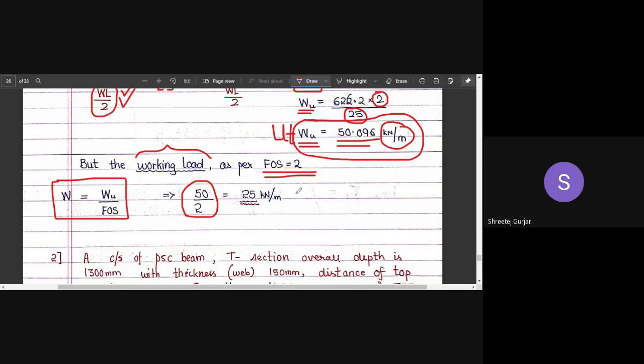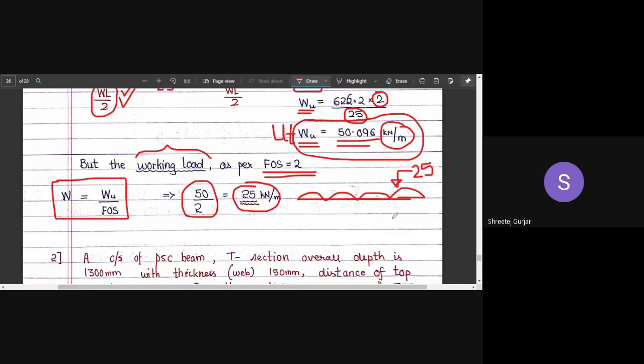So the concept of working load and the factor of safety. In this same example, the UDL is already given to us. The UDL is having a working load of 25 kilonewton per meter, meaning the actual load on the beam is 25 kilonewton per meter.